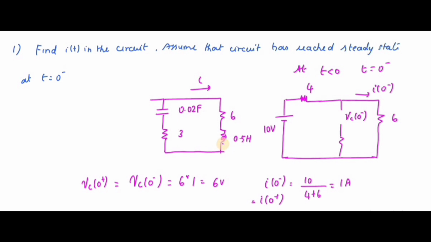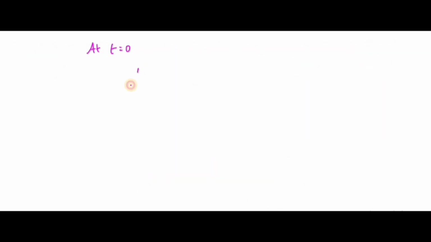So I'm going to redraw this here. This is 0.02 farad, and I need to find the i. Then this is your 6 ohm, they have 0.5 henry, and this one is 3 ohm.